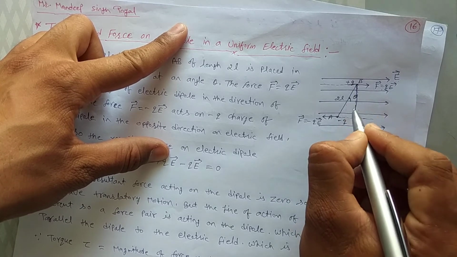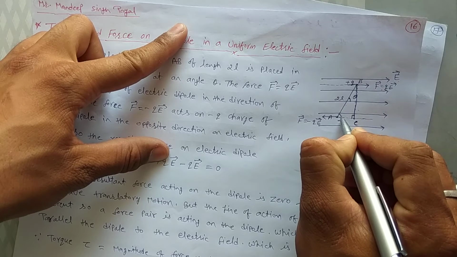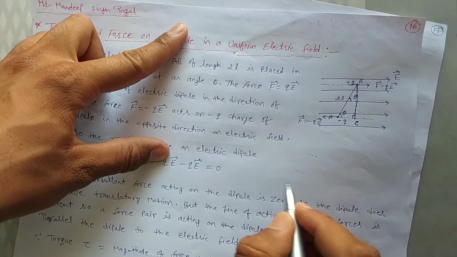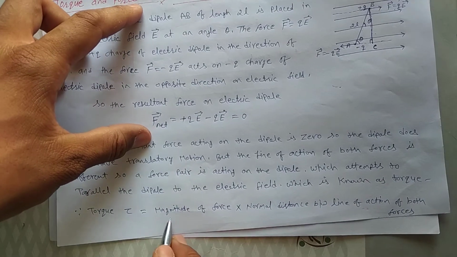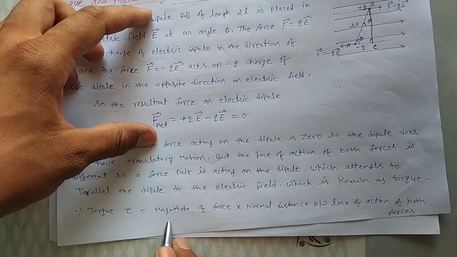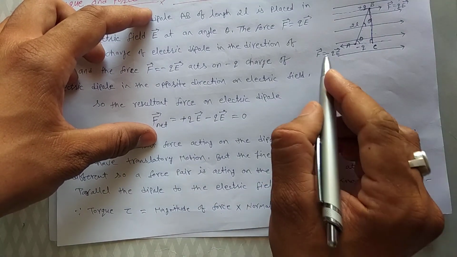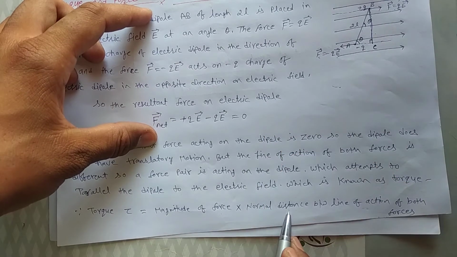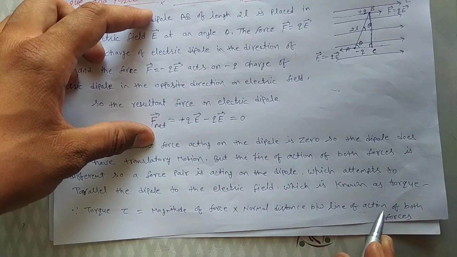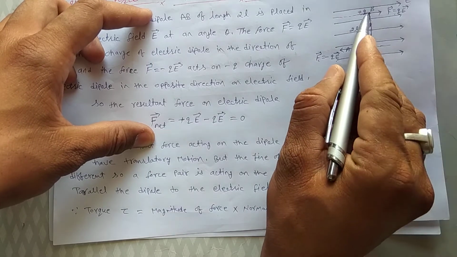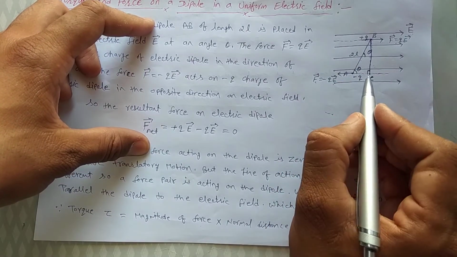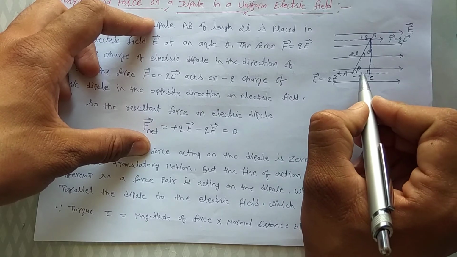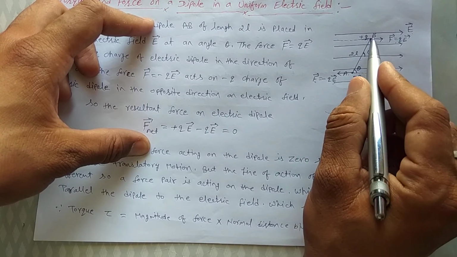This angle is theta, and similarly this angle is also theta. So we know that the magnitude of force F is equal to QE and the normal distance between the lines of action of both forces is BC. We find BC. What is BC? By this triangle ABC.